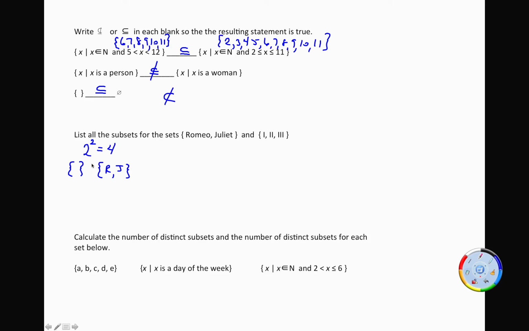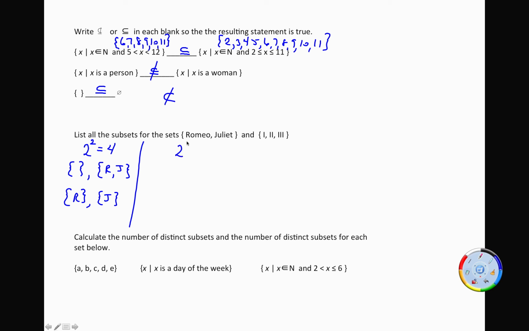Right? Now I need 2 more. So R and J, and because I found 4 of the sets, I feel pretty confident that I've listed all of the subsets for the set Romeo and Juliet.